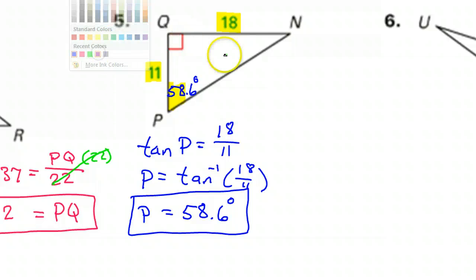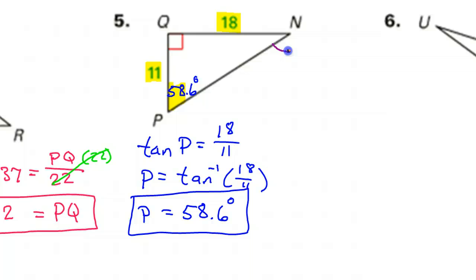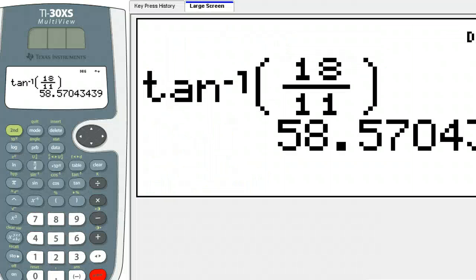So the most efficient thing to do to find angle N would just be to say that angle N will equal 90 minus the other angle, 90 minus 58.6.